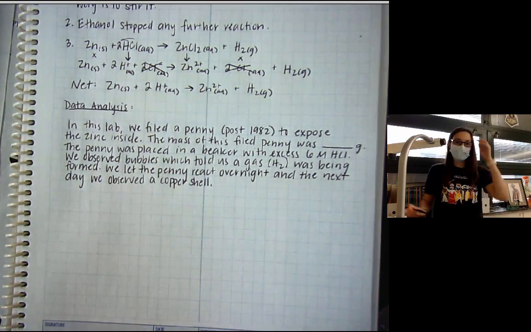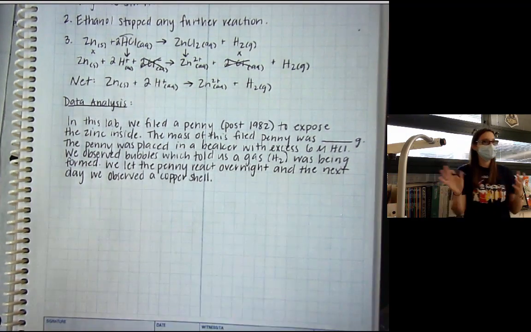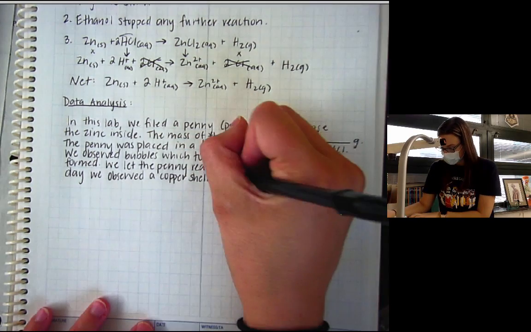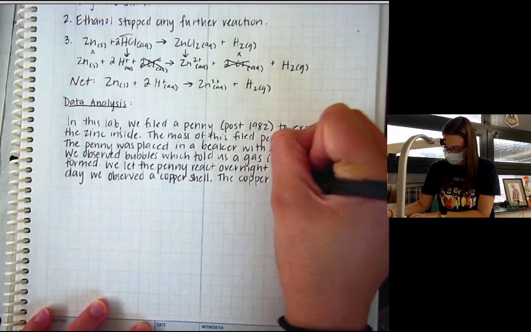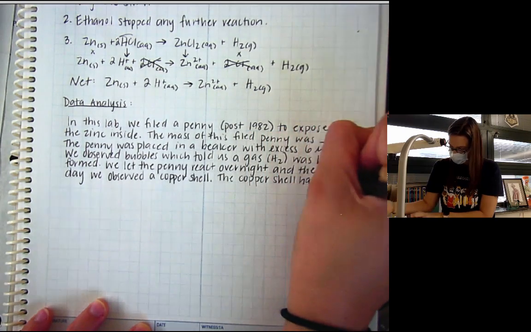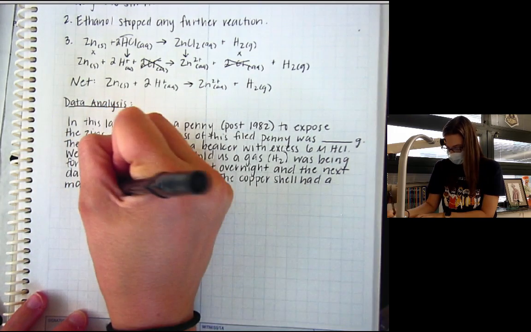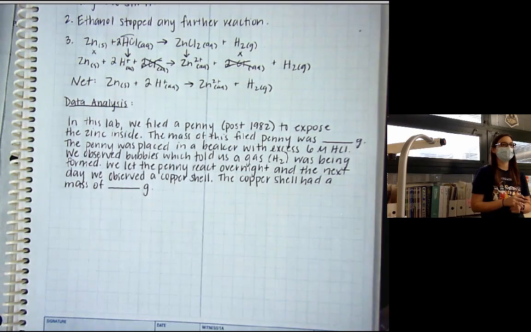If you saw other things besides the copper shell and you want to add that to this sentence, that's fine as well. But we are going to say the copper shell had a mass of whatever your mass was, blank grams.